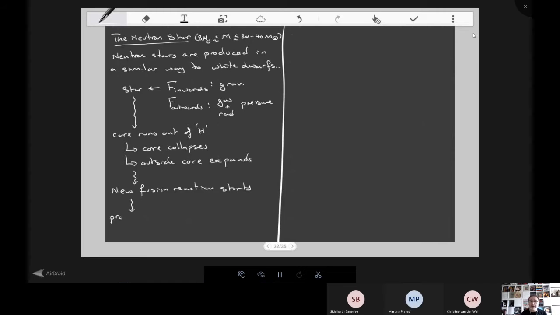And by the process, what I mean is the core now stabilizes. It's smaller than it was, so it's hotter. It stabilizes, burns the fuel, whatever the fuel is. In the main sequence star, the fuel is hydrogen. At the next stage, it's helium, etc., etc.